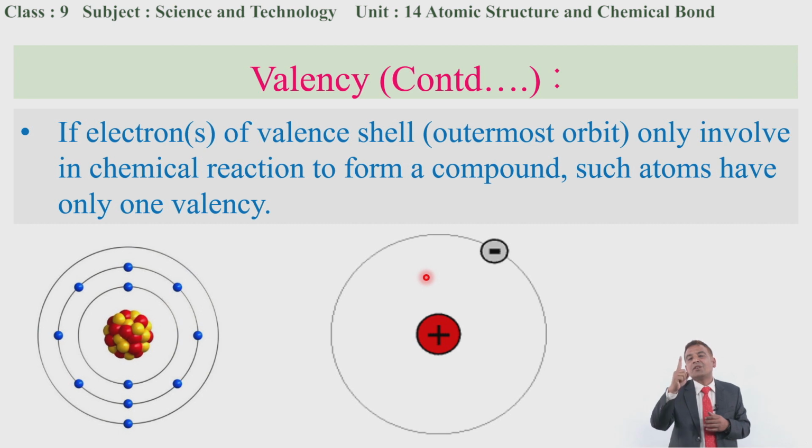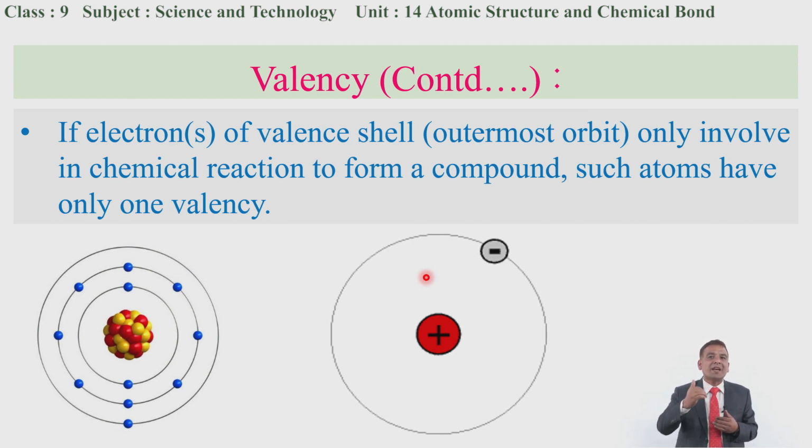Sodium has valency 1, because in the valence shell of sodium there is only 1 electron. So this electron alone is involved in combination with other atoms. So it has only 1 valency. But in the context of iron, iron has 2 valencies.